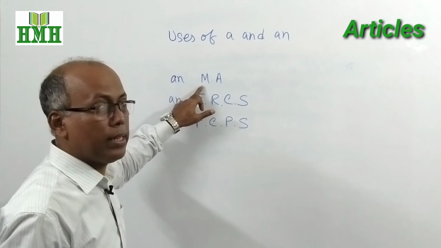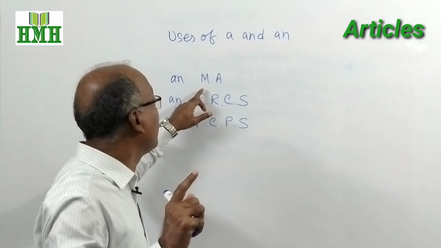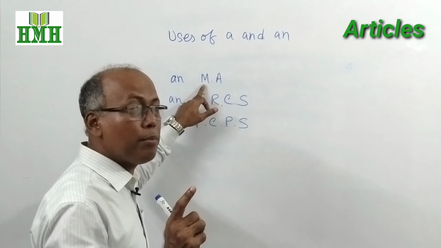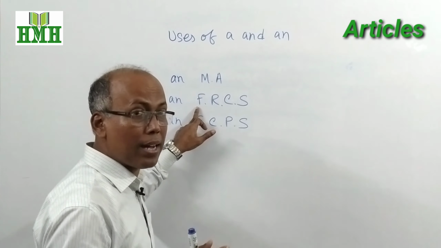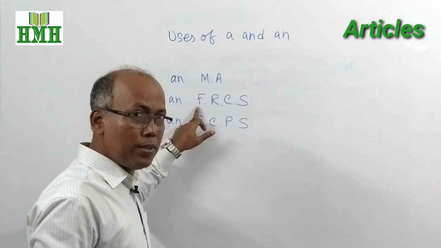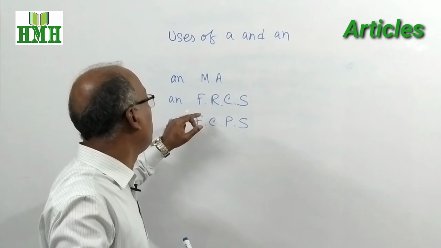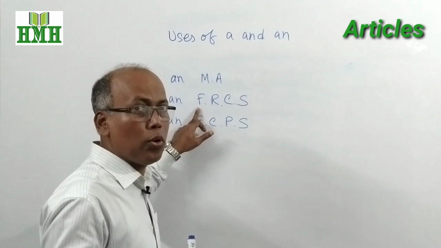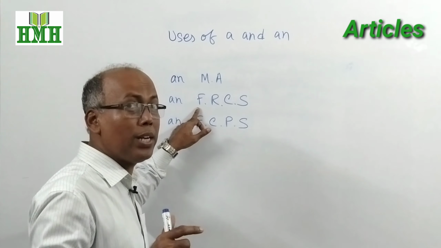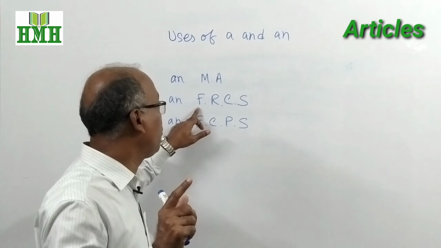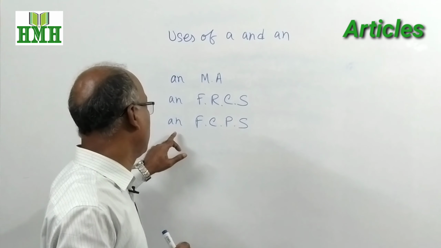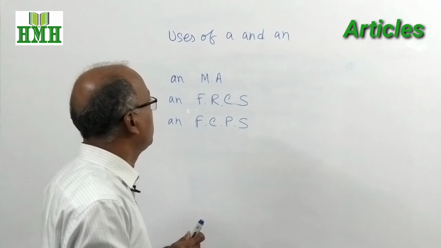To pronounce M, at first we have to pronounce A, so an MA. FRCS, although F is a consonant, to pronounce F we have to pronounce A first, so an FRCS, an FCPS.